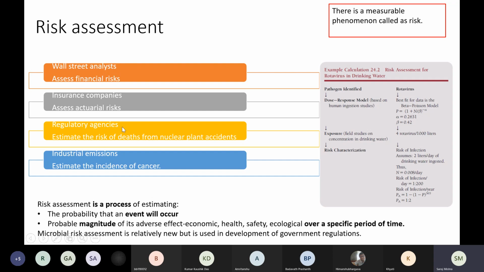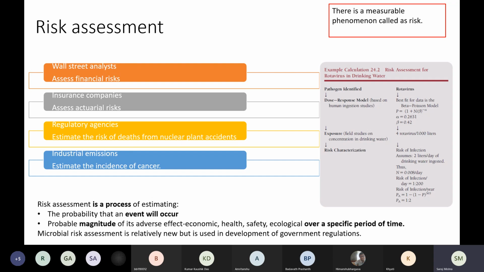Similarly, the regulatory agencies, okay, so they estimate the risk of deaths from nuclear plant accidents. Similarly, for industrial emissions, they estimate the incidence of cancer, for example, if I'm releasing 20 parts per billion into the environment, and based on my scientific data, which is called a dose response curve, what is the probability that people who are living in this neighborhood and are exposed over a certain period of time to 20 ppb of lead will contract cancer?